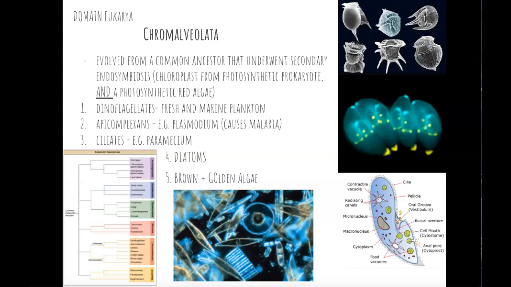That's another one you may have talked about in high school. There's diatomaceous earth, which we use to get rid of insects and things like that. And this group also includes brown and golden algae. So this one's a pretty diverse group that includes several different types of algae that range from bioluminescent to golden. It includes paramecium. This one's pretty fun and pretty charismatic.